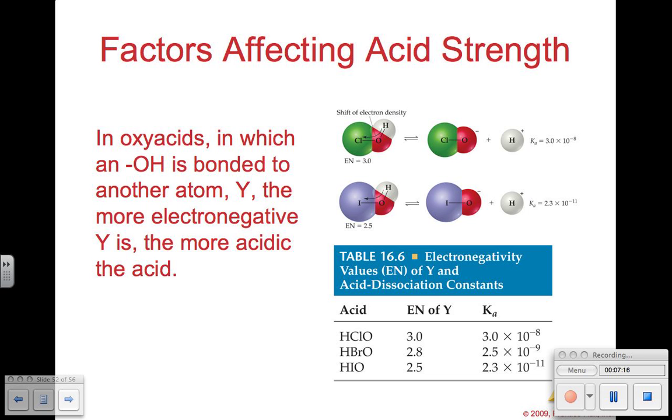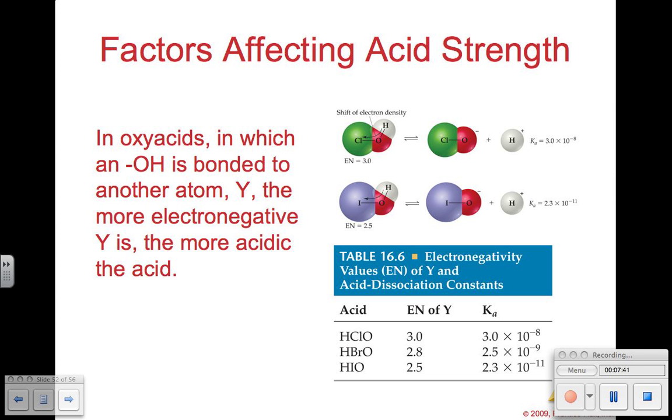So what are the factors that are affecting acid strength? Oxyacids, where you have an OH bonded to another atom like Y. In our examples here, we have chlorine and iodine. The more electronegative thing that the OH is connected to is going to be the more acidic compound.